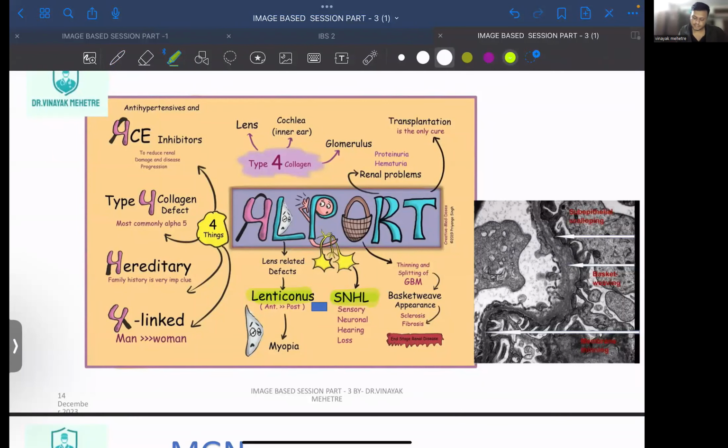Type 4 collagen defect is present in lens, cochlea and kidney. We get nephritic syndrome, proteinuria plus hematuria. What we are going to give is ACE inhibitors: A stands for Alport, A stands for ACE inhibitors.